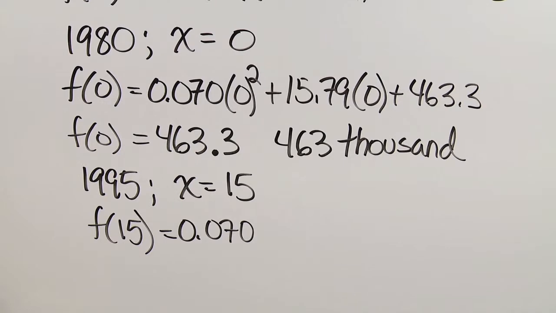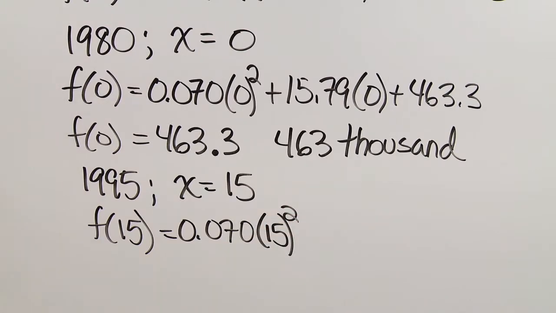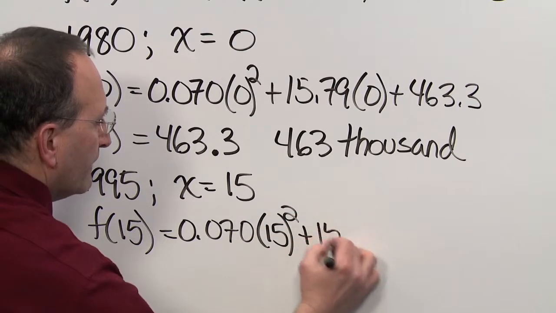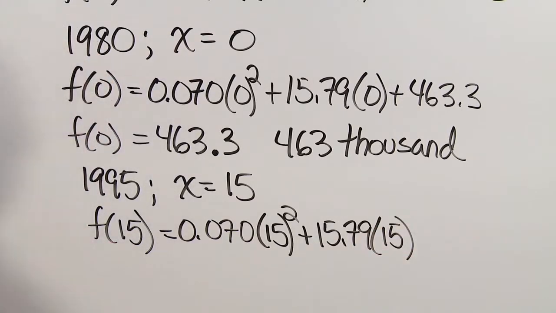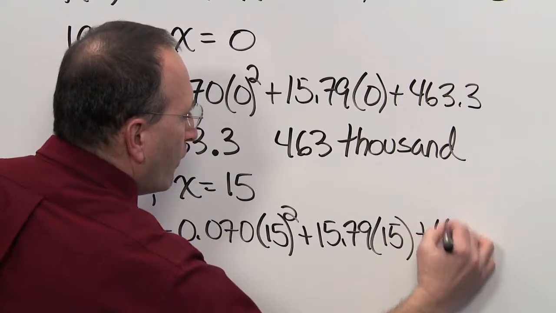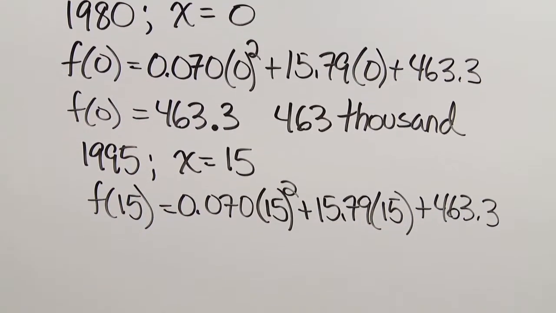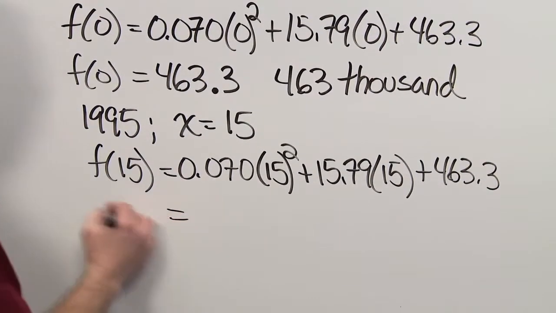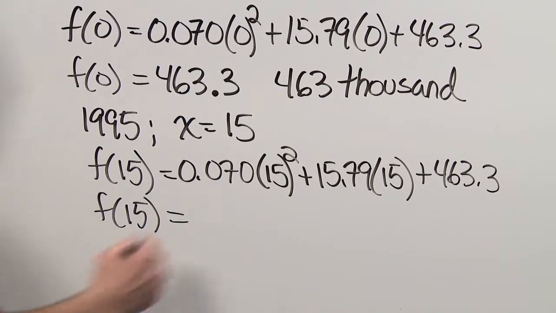So we would have that it's equal to 0.070 times 15 squared plus 15.79 times 15 plus 463.3.